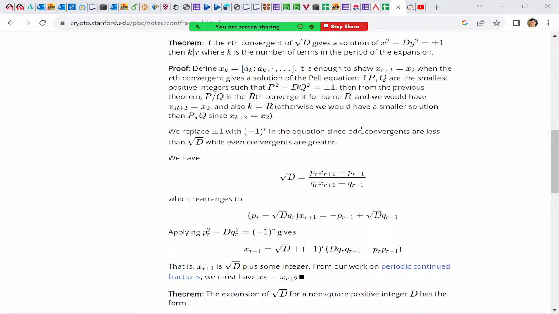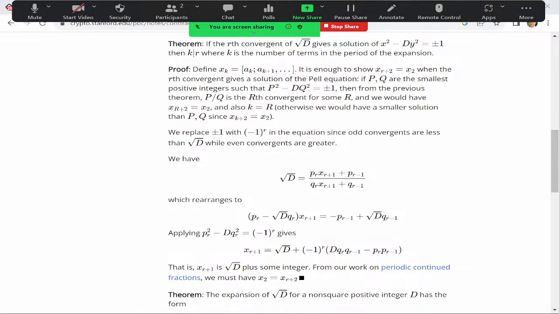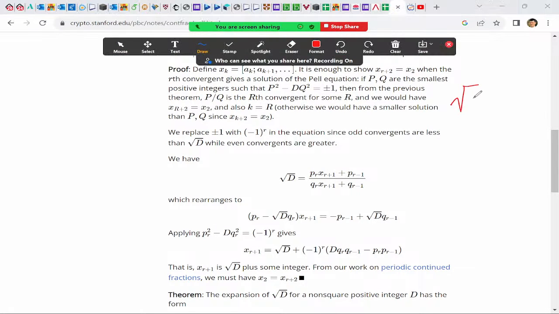Wait, x_k is equal to... How does x_k work again? Oh, so x is meant to be the tail. So if you have like root n, right? Yeah. That equals a_1, right?